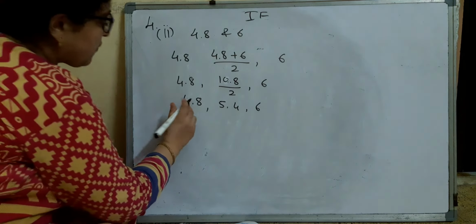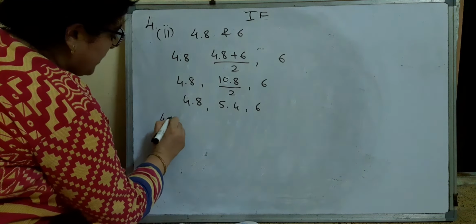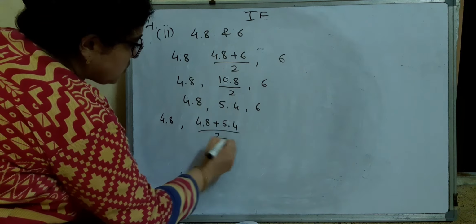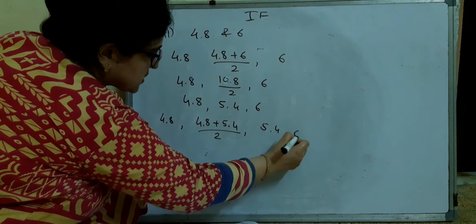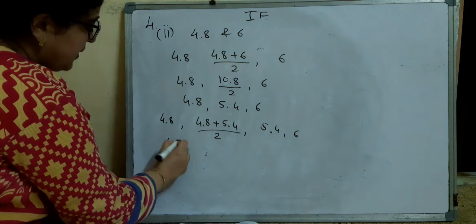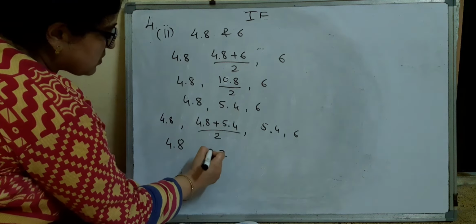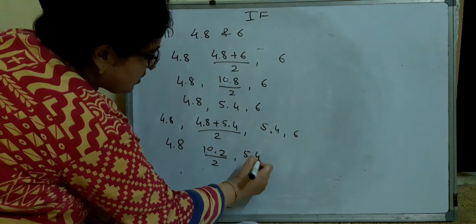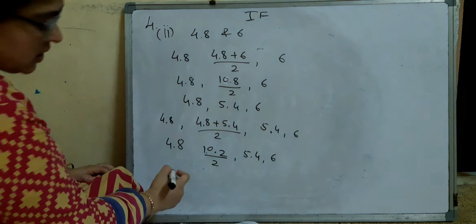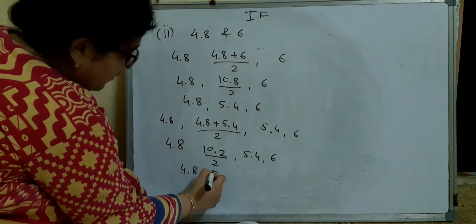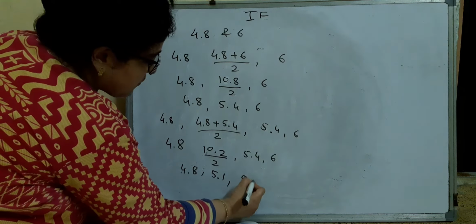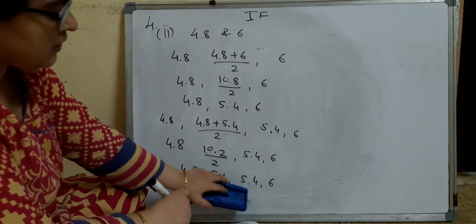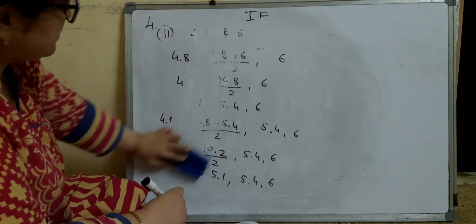Now for the second one, addition of two: 4.8 plus 5.4 upon 2, then 5.4 and 6. So the addition of these two is 10.2 upon 2, which is 5.1. So the rational numbers are 4.8, 5.1, 5.4 and 6. So these two are the rational numbers we want, 5.1 and 5.4.